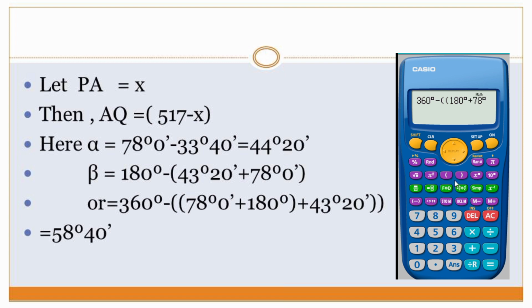Because angles on a circle add up to 360, I add the angle found at Q, 43 degrees 20 minutes, and subtract the total from 360.